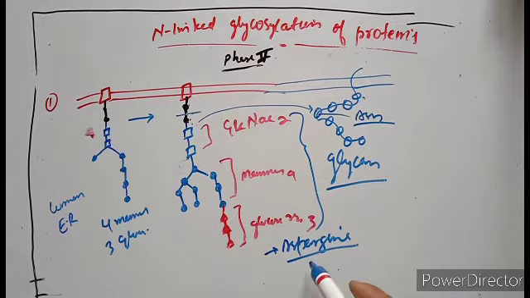If the asparagine is present in that consensus sequence, which means that it is very conserved in all the different vertebrates or animals.